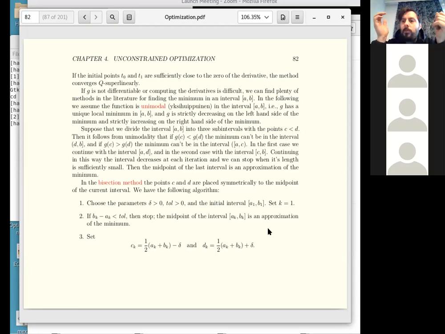Otherwise, you take your delta and your midpoint, and then you find two points. Sorry, I'm going to draw this. This is something I want to draw. So you have here AK, and you have your BK here.